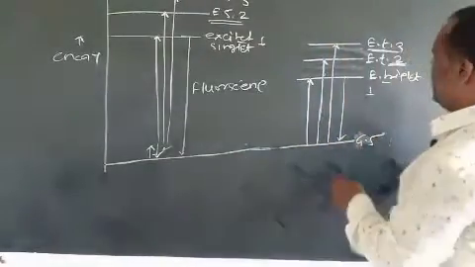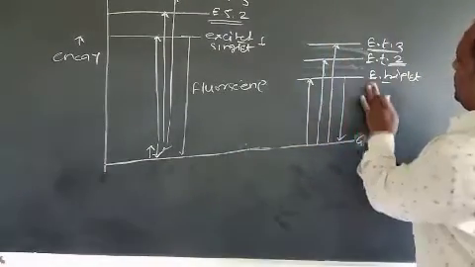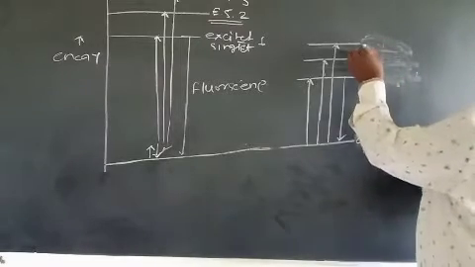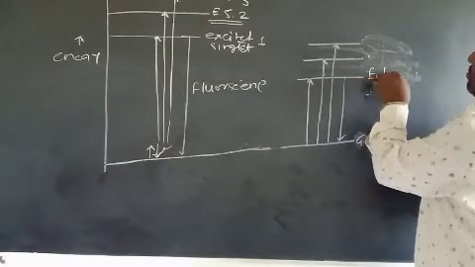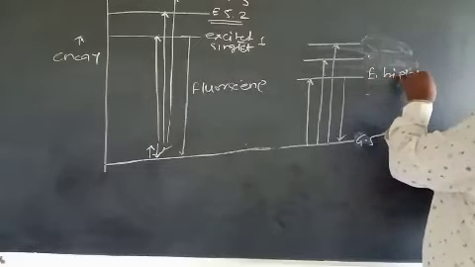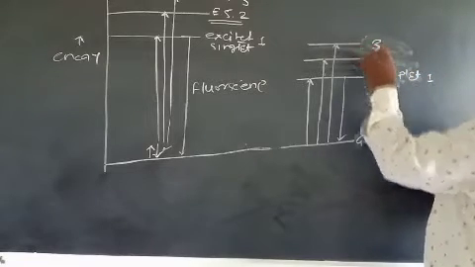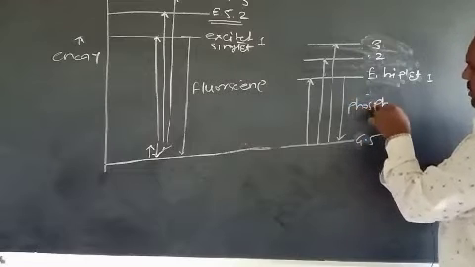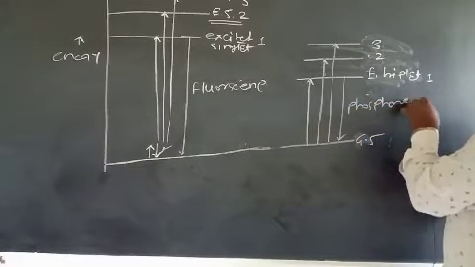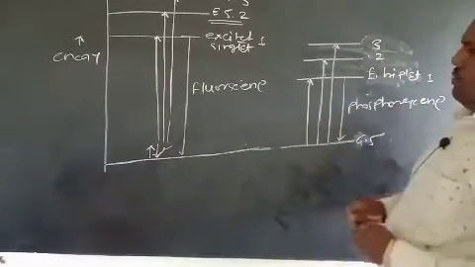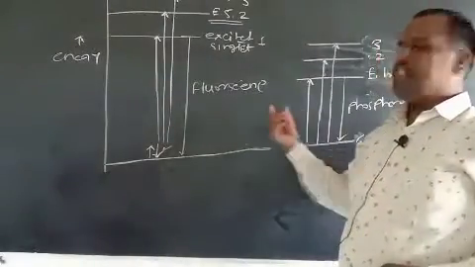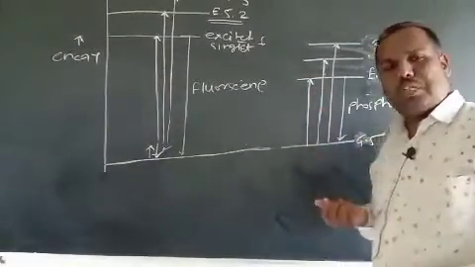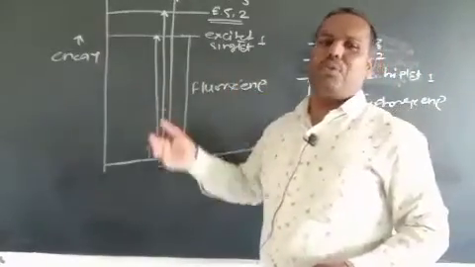Then the phenomenon is called phosphorescence, that is from the excited triplet, first, second, third. Phosphorescence is also called delayed fluorescence.